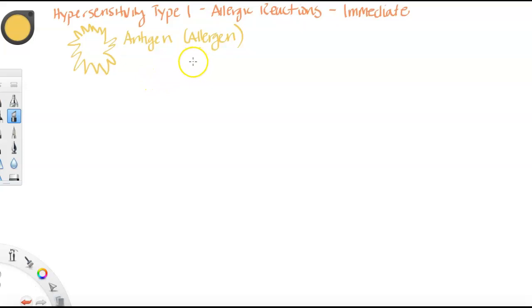And for whatever reason, you eat something, you breathe something in, whatever, and it causes some kind of reaction. So causes, I should mention causes, it's like the triggers of reactions, really.